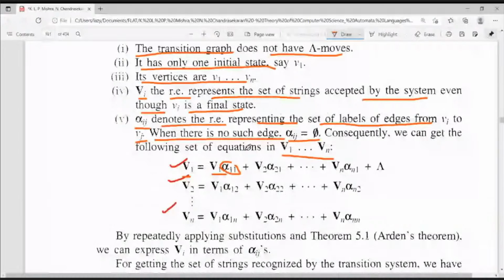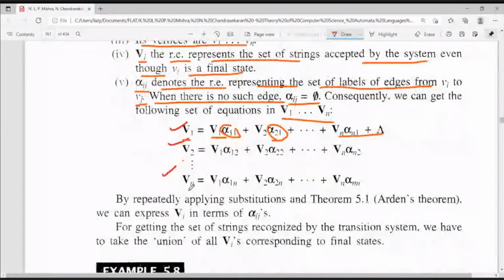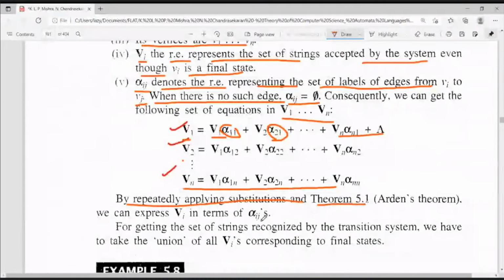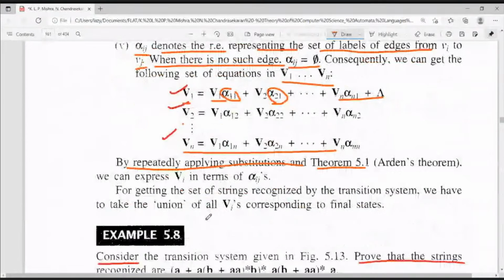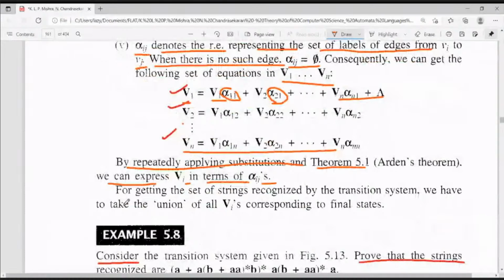So now it will be very clear. By repeatedly applying substitution and theorem 5.1, we can express Vi in terms of alpha ij's. For getting the set of strings recognizable by the system, we have to take the union of all Vi's corresponding to final states. In the previous example there was only one final state, so there is no need to do a union.